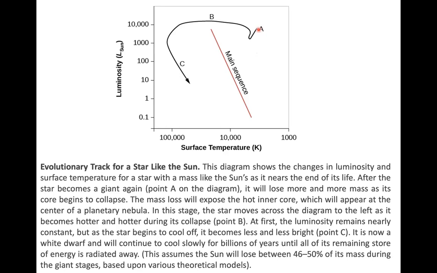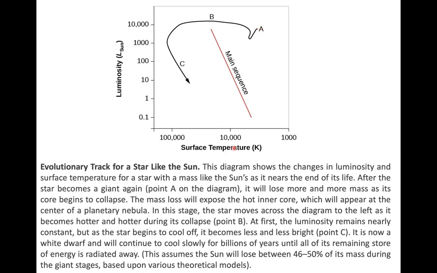So it will start losing its mass, and this mass loss will expose the hot inner core. So once you have lost the mass and gone to this planetary nebula region, this will expose the hot inner core, which will appear at the center of the planetary nebula.